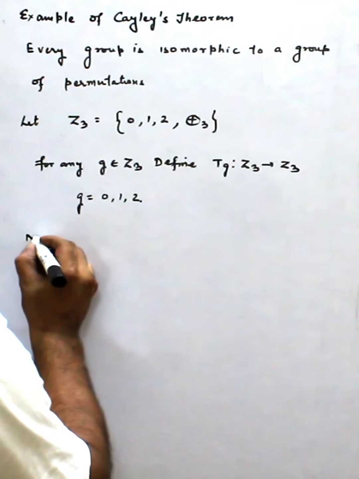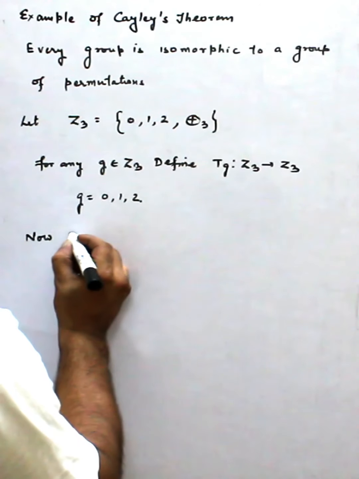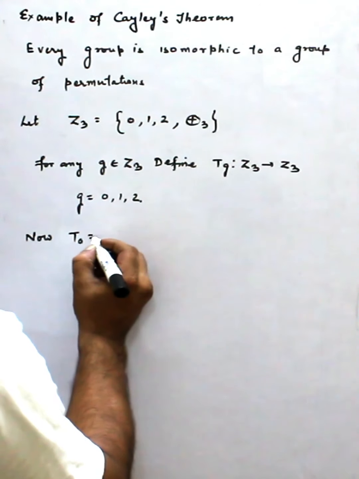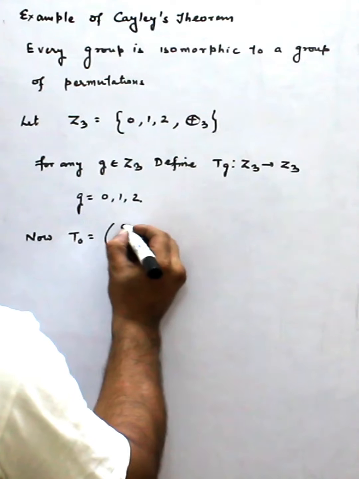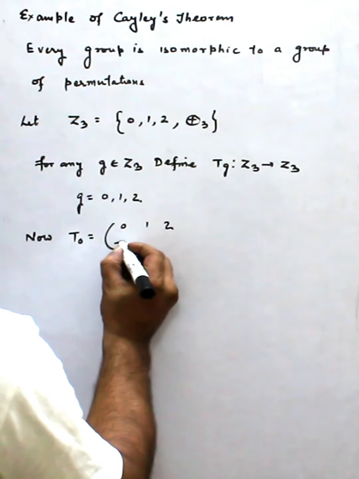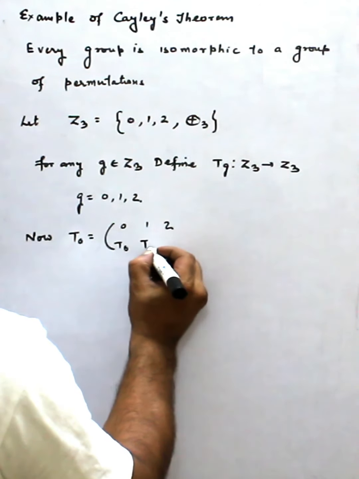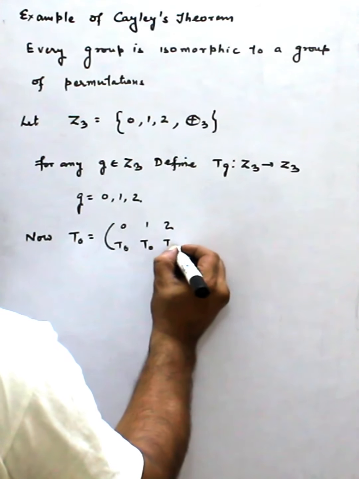Now T0 means 0, 1, 2, this is T0, this is T0 and this is T0.